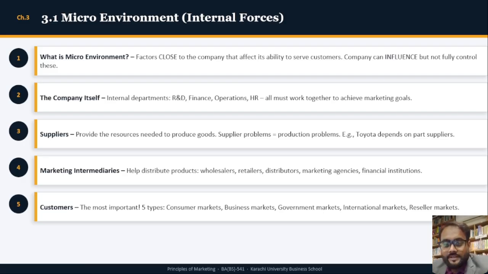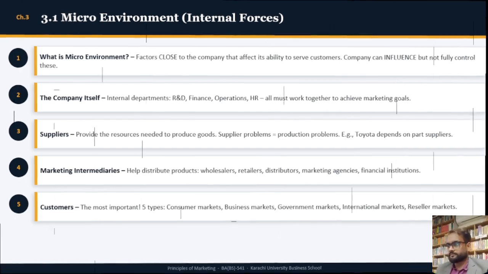Fourth is the international market. You can also work beyond borders. Fifth is the reseller market. Wholesalers and resellers are those who sell the product again. So over here you can find the customers of your micro environment.